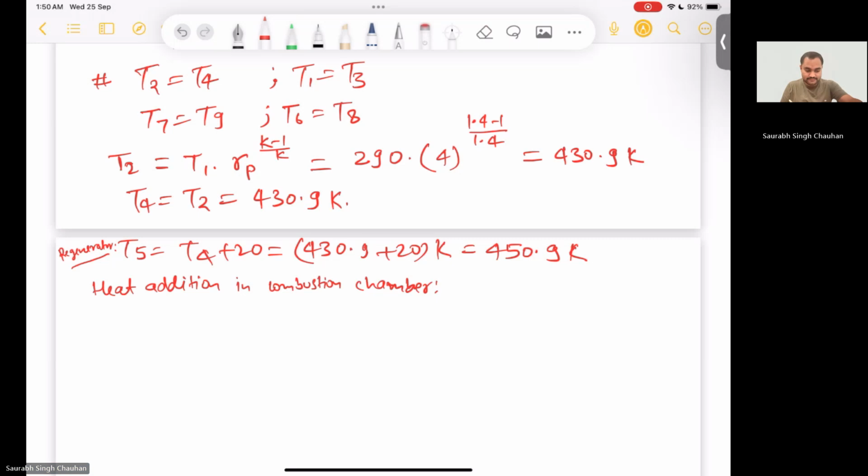So Q in is equal to Cp into (T6 minus T5).